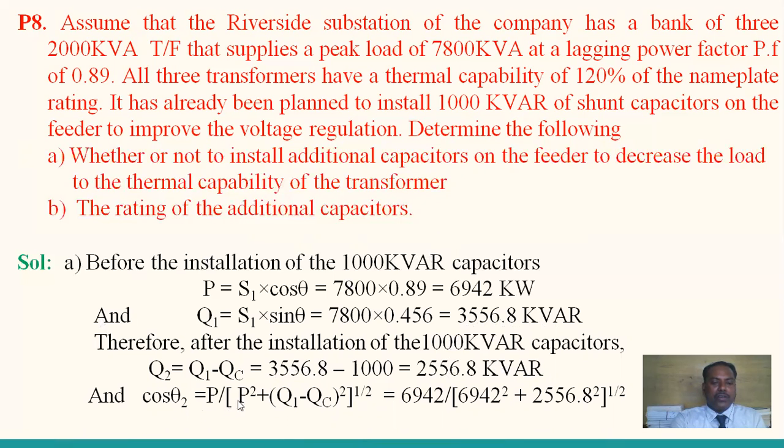And the power factor cos phi 2 is equal to P divided by the square root of P squared plus (Q1 minus QC) squared, which is 6942 divided by the square root of 6942 squared plus 2556.8 squared. The power factor is 0.938.